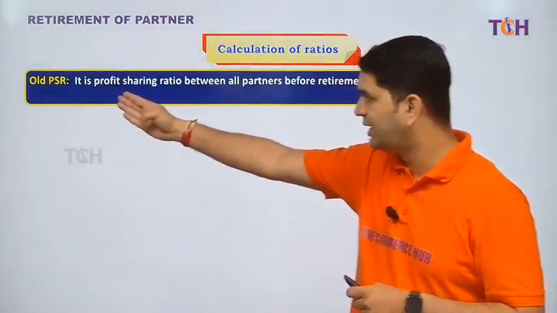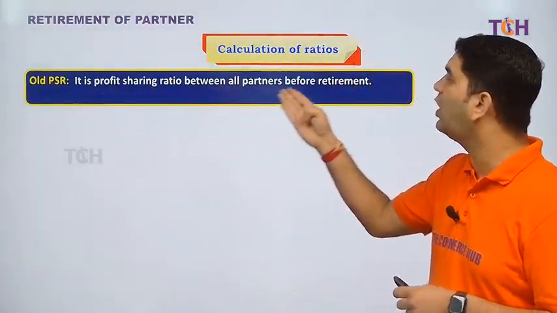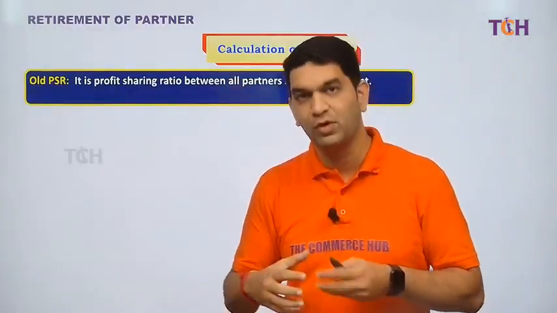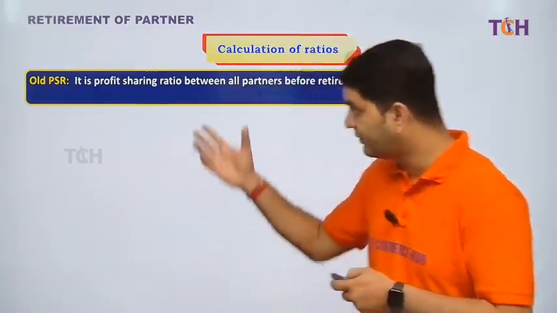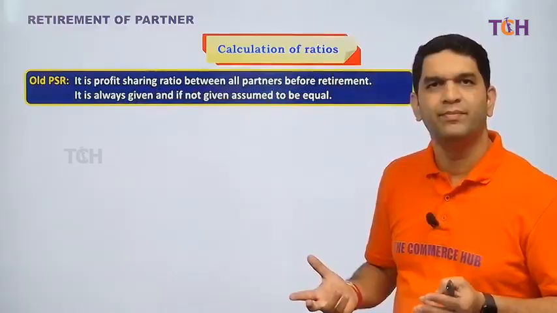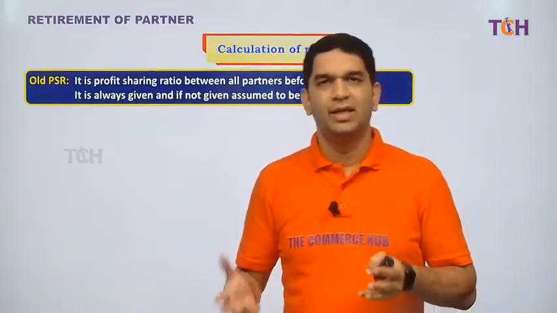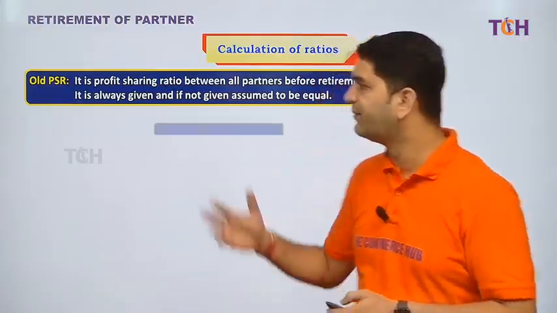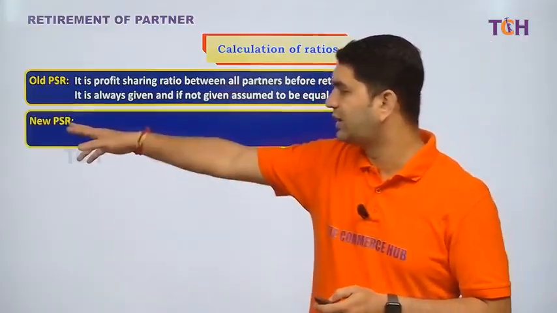Now let us understand calculation of ratios. Old PSR is the profit sharing ratio between all partners before retirement. Obviously, old PSR is before retirement, before reconstitution. It is always given, and if not given, assumed to be equal. This we know already. It is always given in the question; if not given, you have to assume it as equal. Moving forward to the next one, new profit sharing ratio.